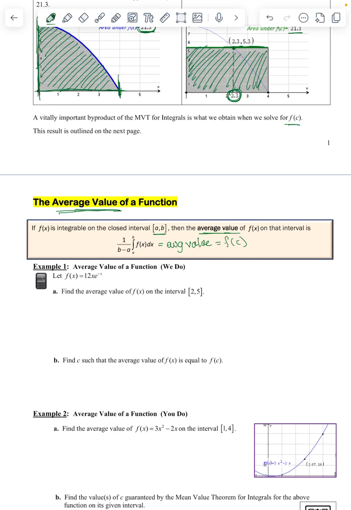Now, a nice chunk of these problems we will use a calculator for, but it's basically saying that if you find the area under the curve and you divide it by the closed interval, b minus a, you're getting the area under that curve, right?